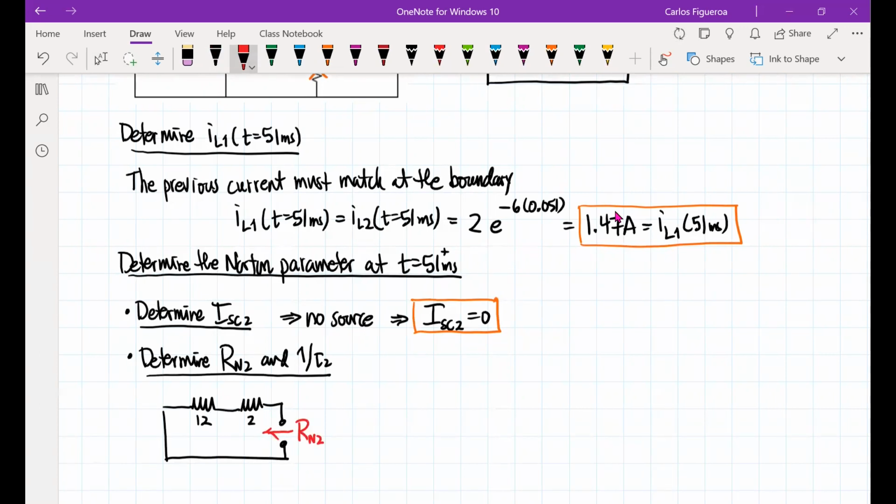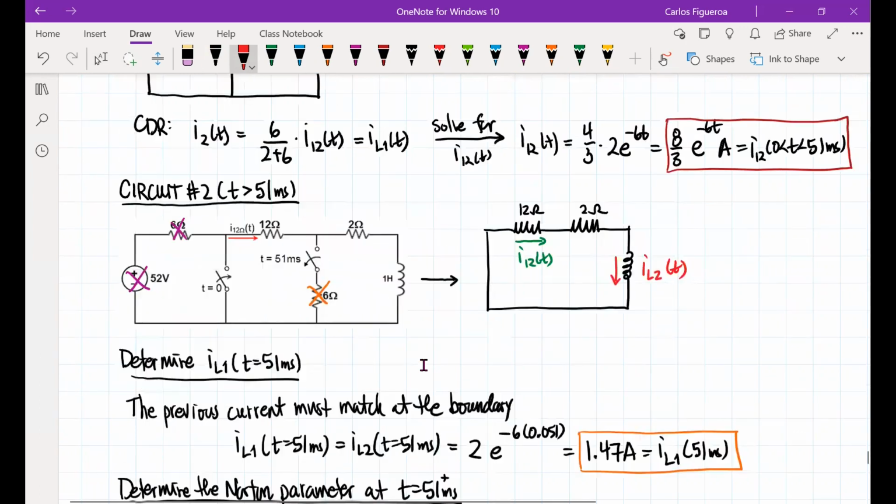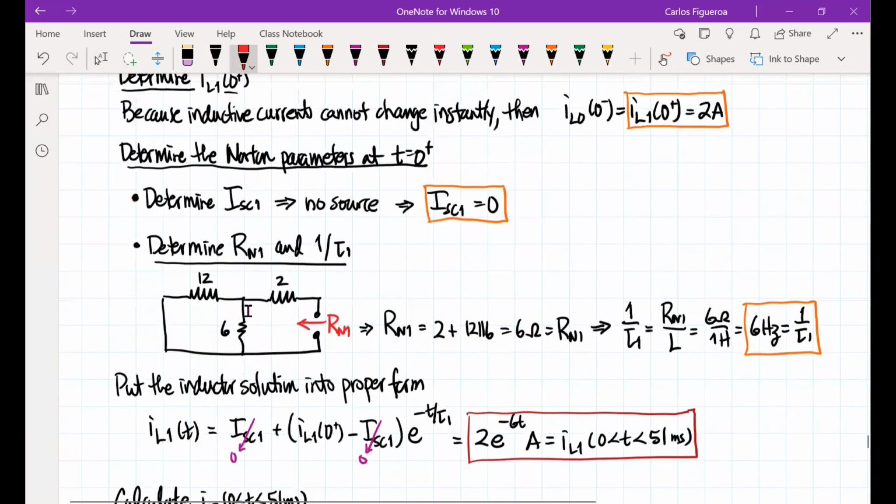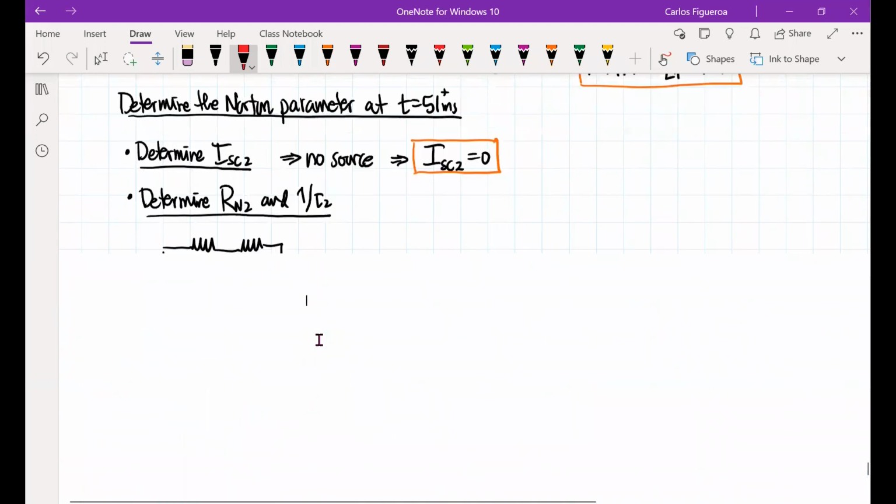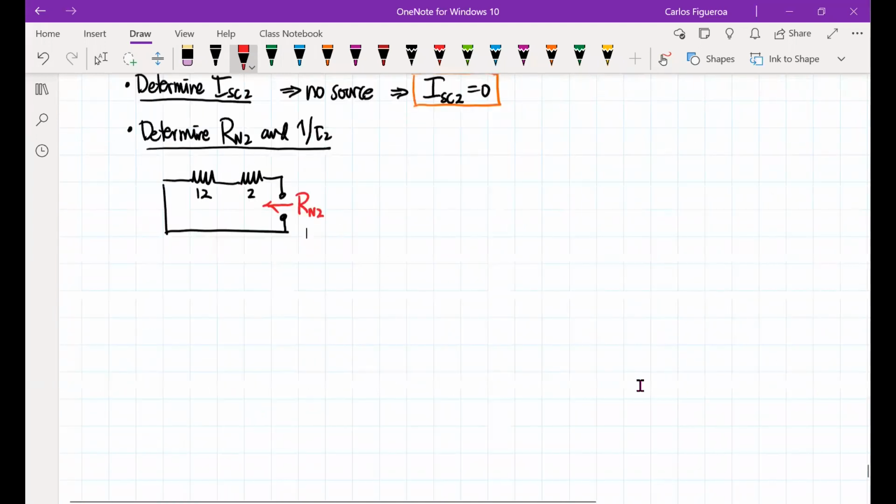Compared to the other resistance, which was in series and parallel, this is in series. When the switch is thrown, that one had a lower resistance. This is going to have a higher resistance because it's in series here.